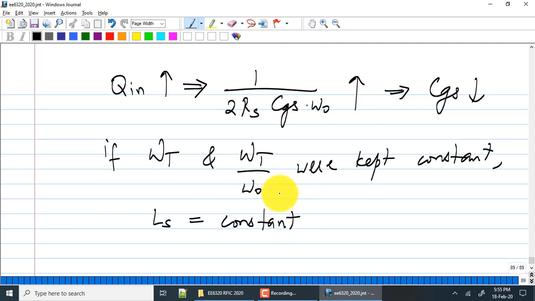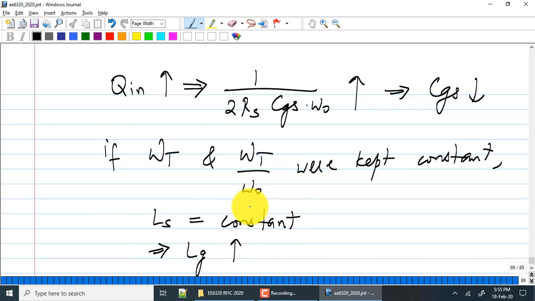LS is of course constant, which means LG will increase. So you will get larger and larger LG, same LS, smaller and smaller transistors for smaller and smaller CGS. Does this make sense? Because LS plus LG has to resonate with CGS.